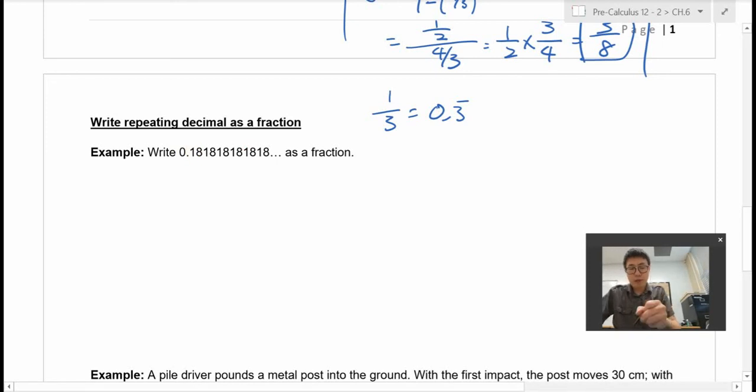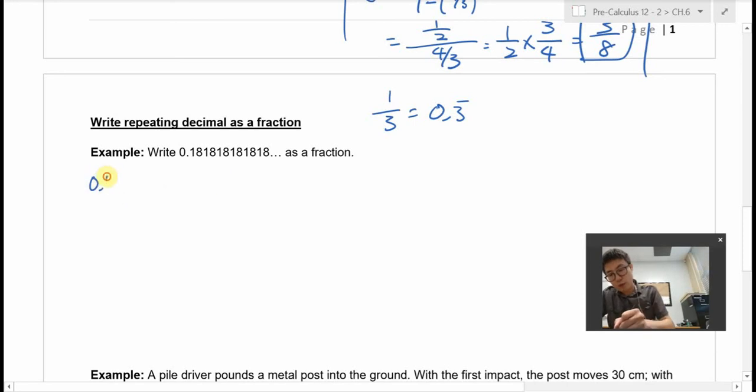The 0.181818181818 and so on can actually be written as a geometric series, okay? We can do it this way.